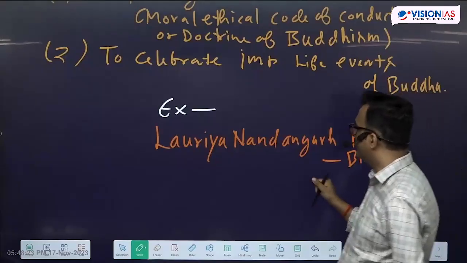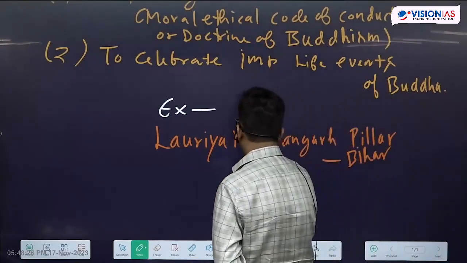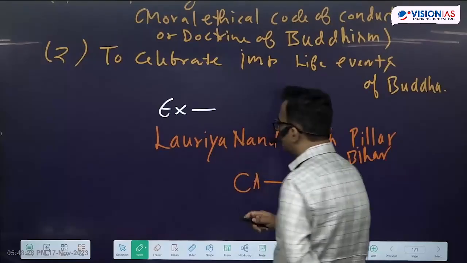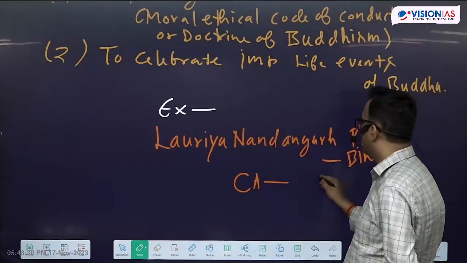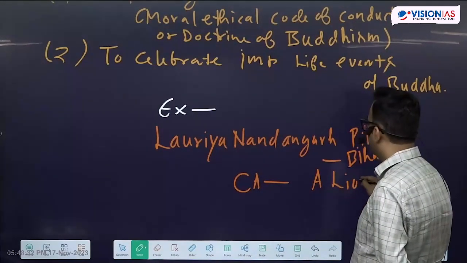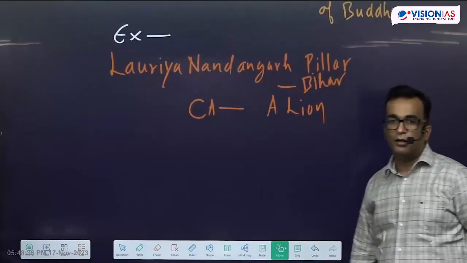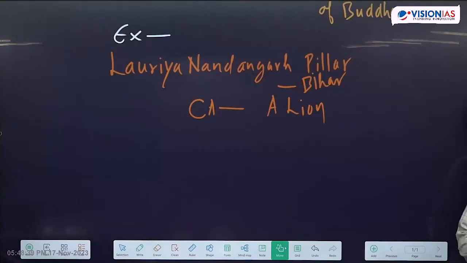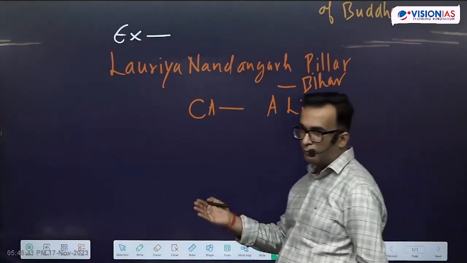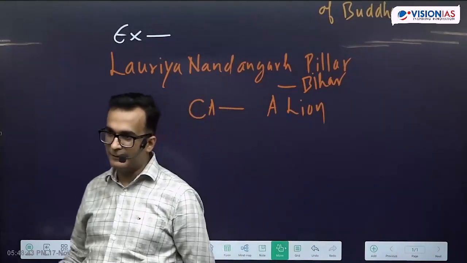And moreover the crowning animal, you mention, crowning animal in this pillar is a lion. So crowning animal is a lion. So somebody correctly said that it is in Paschimi Champaran, which is the border district of UP. Okay.